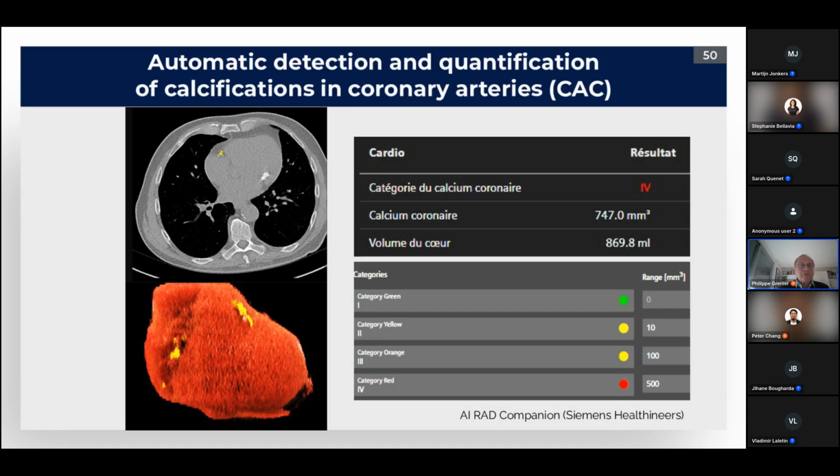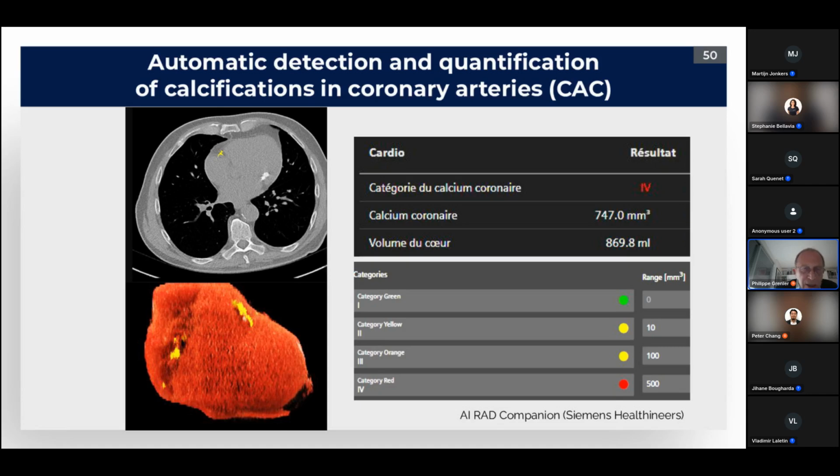The same software permits automatic detection and quantification of calcification in coronary arteries, then automatic segmentation of the heart, calculation of the volume of the heart, segmentation of the calcification of the coronary arteries with volume of the calcium, and with gradation.